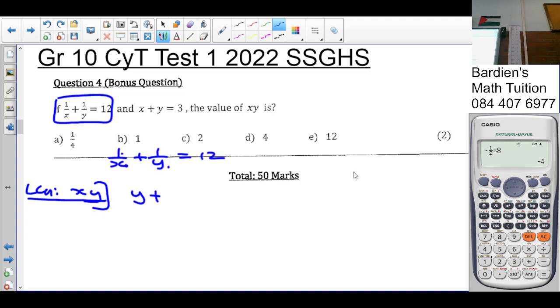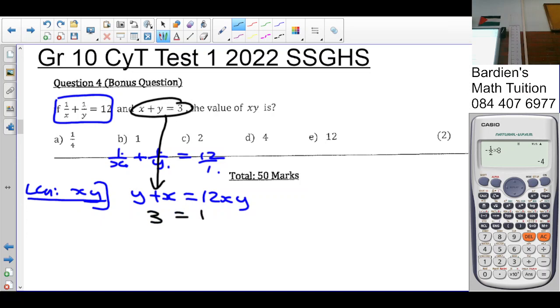Multiply 1 by x, I get x equals 12 times xy. So hang on. What is x plus y equal to? 3, yes. So we got 3 equals 12xy. But what do they want on its own? xy. So I divide by 12 both sides. So xy is going to be 1 over 4.